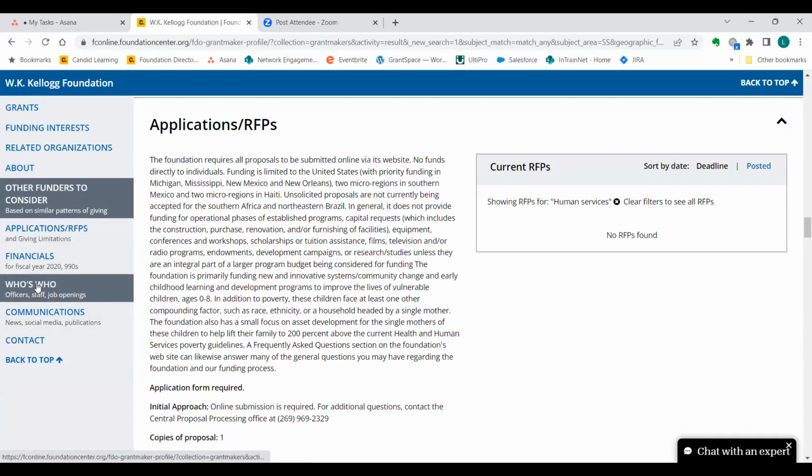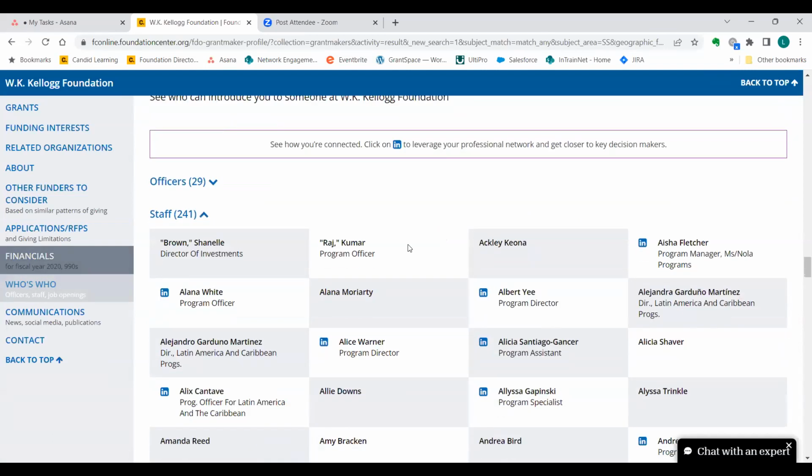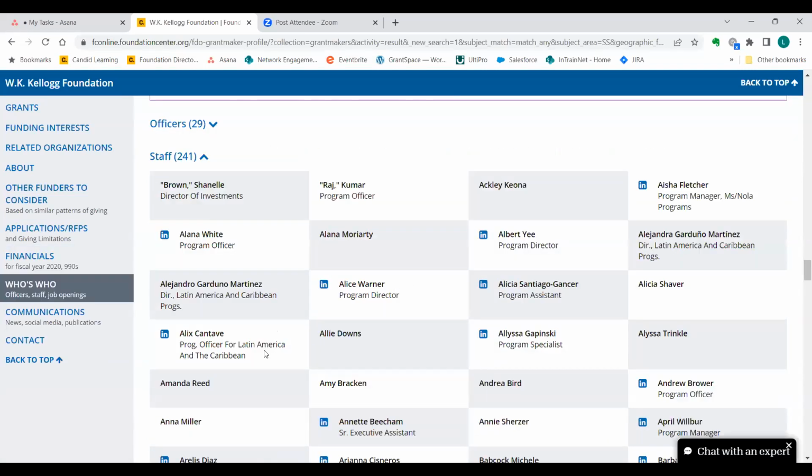Another important section is the Who's Who under funders. This gives you a lot of information about the people who work for the organization, and you can find out who to contact if you have questions. For example, if you were interested in this funder and you wanted to know if they would accept applications that were in Spanish, it doesn't hurt to reach out to someone there and try to find a name.